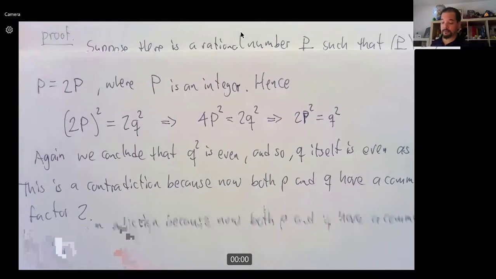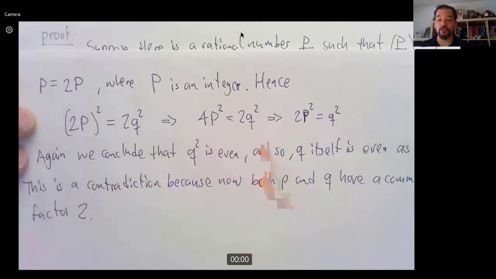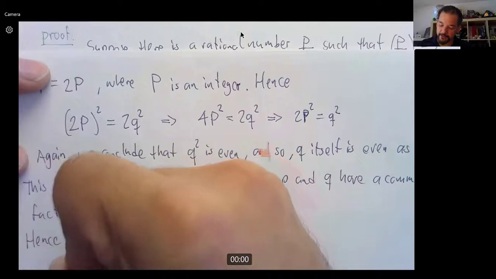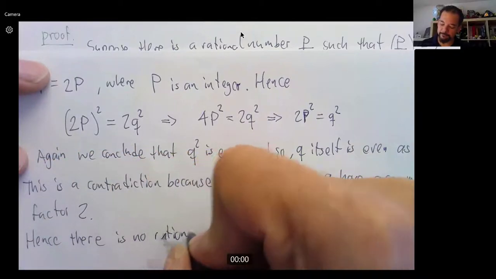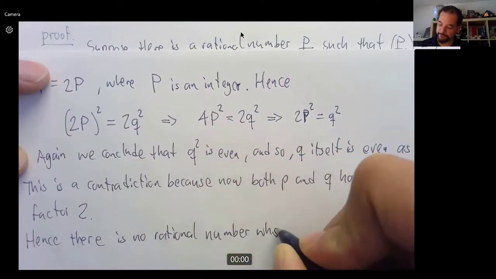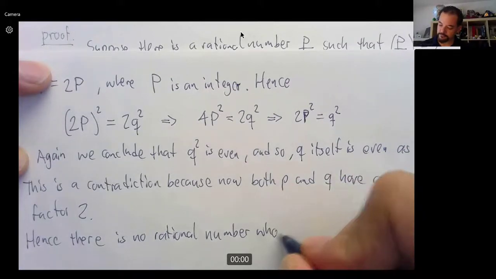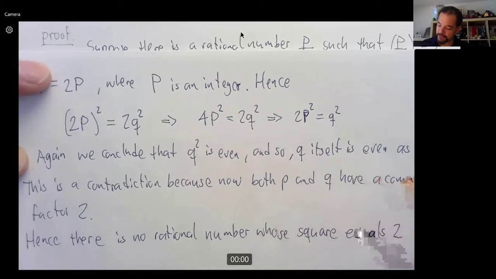So if we got a contradiction, that means our supposition was wrong. Hence, there is no rational number whose square equals 2. And that's the end of our proof.